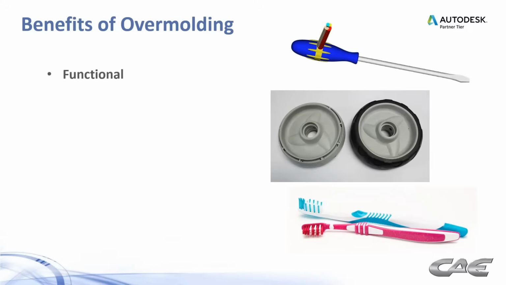So some of the benefits of overmolding, functional, of course. You're adding characteristics to the part that are unavailable from the base resin. For example, TPE grips are very common, like in a toothbrush. You know, it used to be toothbrushes were just all plastic with the bristles in there, but more recently they've added the TPE grips, or you see that screwdriver there.